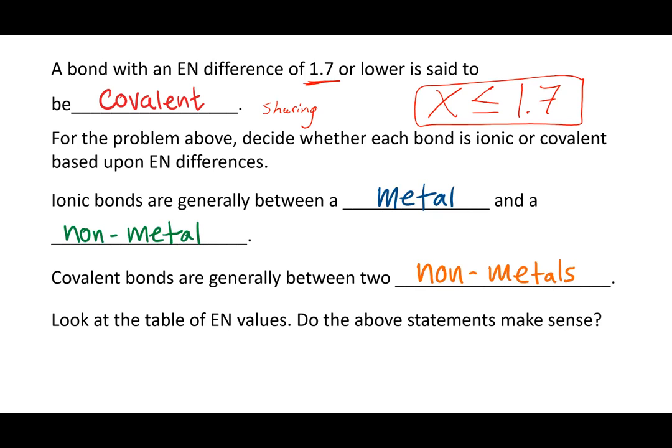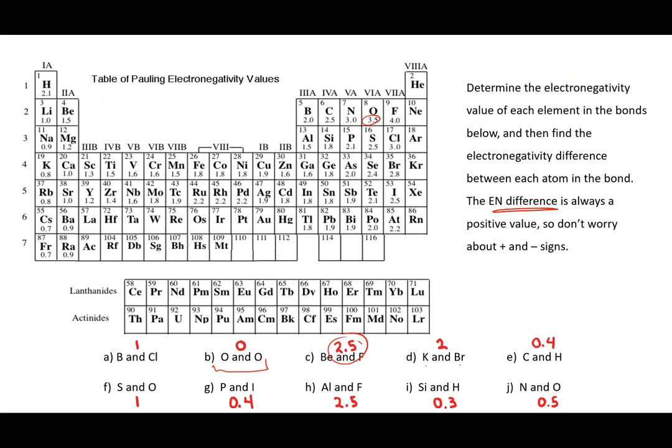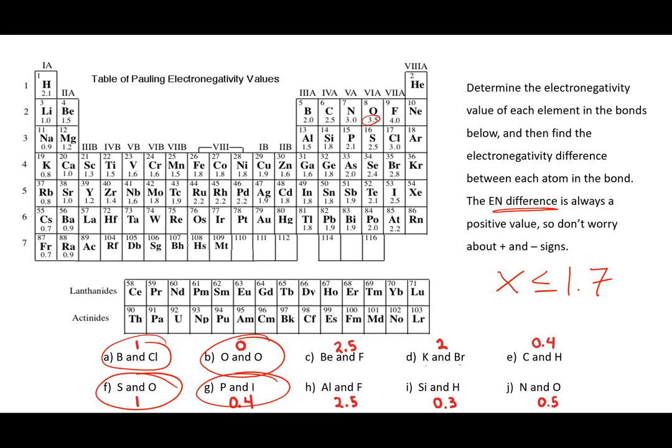So let's go back to that previous page and look at a few of these. We're looking at things that are less than or equal to 1.7 in their values. So let's just go ahead and circle those. This is pretty easy to do. It looks like most of them are less than 1.7.